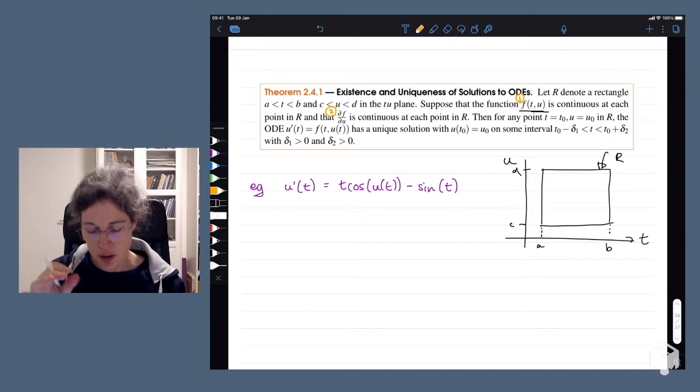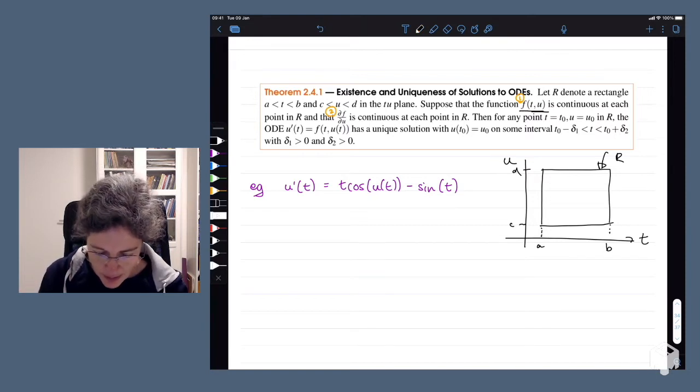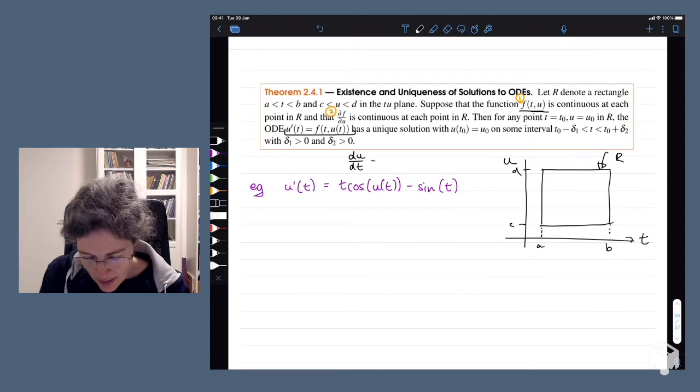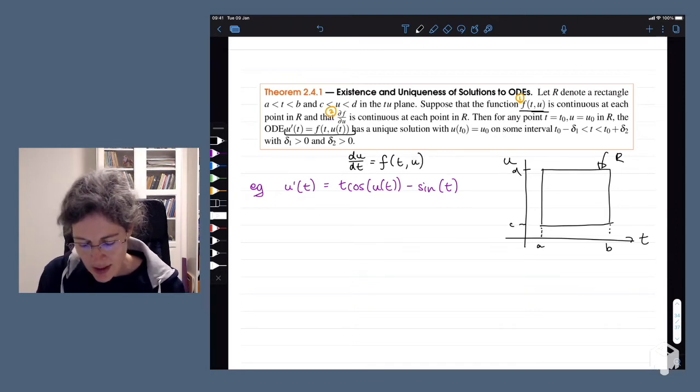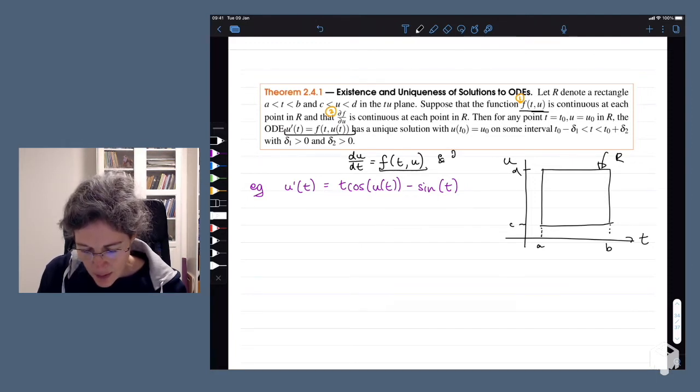Okay, so we've got our function, so we're going to have our ODE here. So this is our du by dt is equal to f of t and u. And our requirement says that this f has to be continuous, and we need to have that df by du is also continuous.